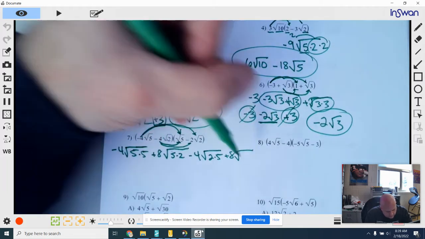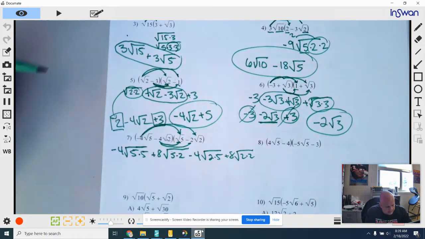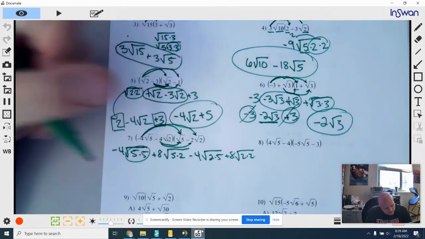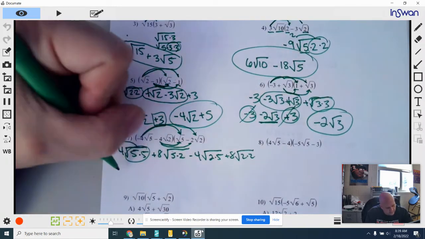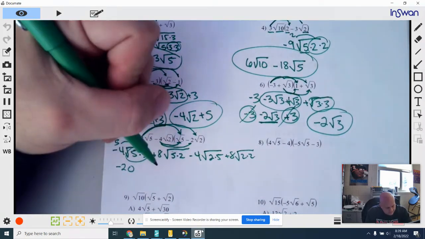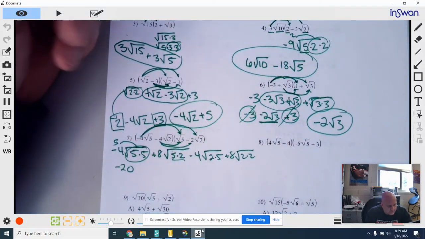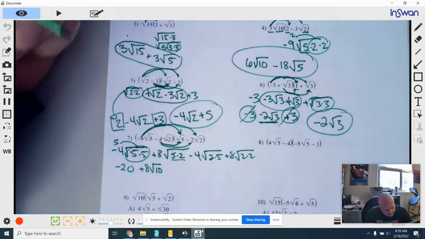Okay, and then in the back, negative 4 times negative 2 is positive 8. And you had this root 2, and then it combines with this root 2, like that. Okay, so we start cleaning things up here. Here's a pair of 5s, out comes 1. 5 times negative 4 is negative 20. 5 times 2, there's no common factors there, so that's just going to come together as 8 root 10.